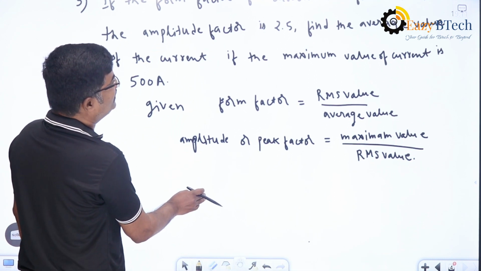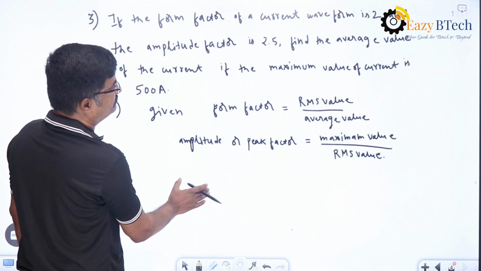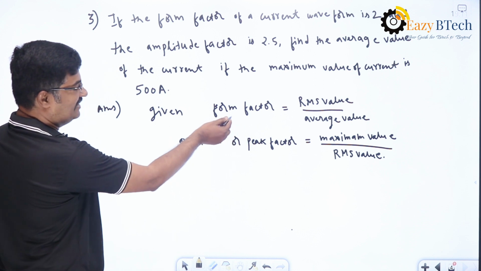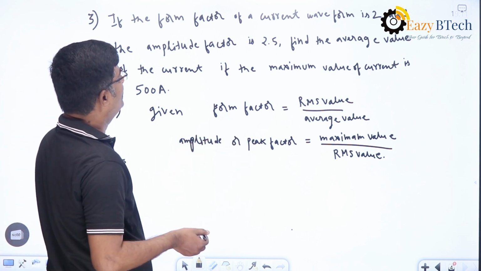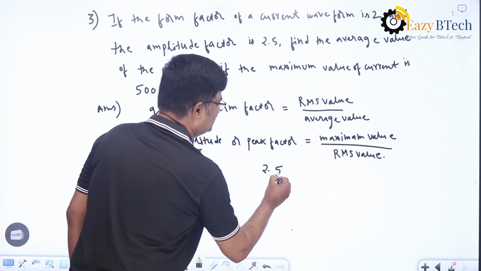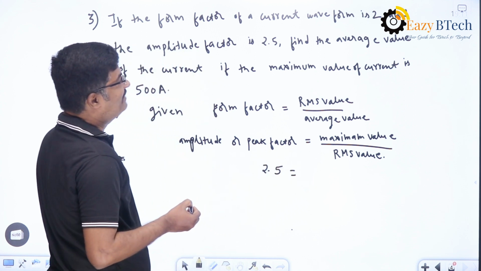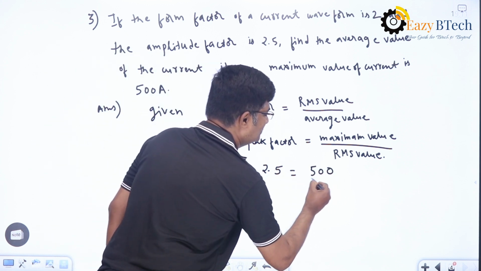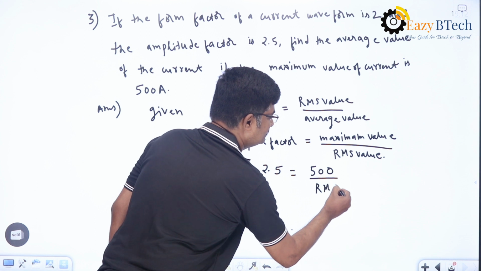So here, according to him, what he has given: my amplitude factor here 2.5 is given, and my maximum value is equal to 500 amperes. So 500 amperes by RMS value.